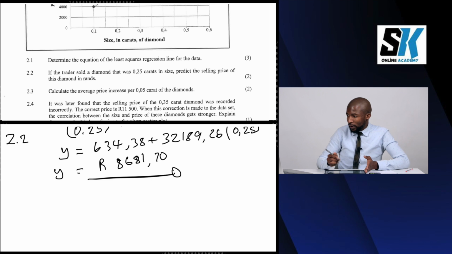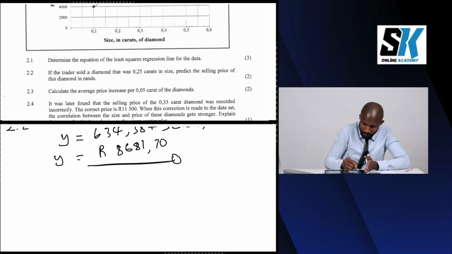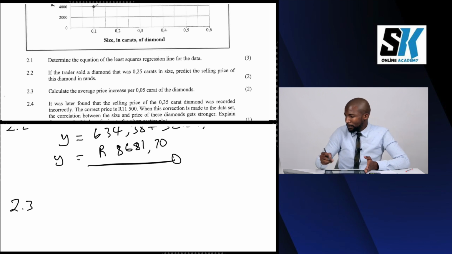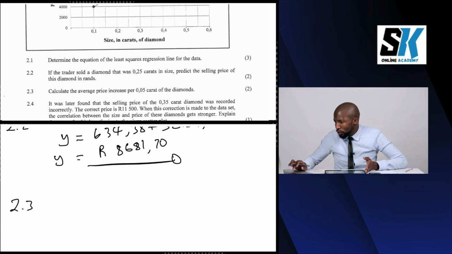And then on 2.3, 2.3 says calculate the average price increase per 0.05 carat of this diamond.